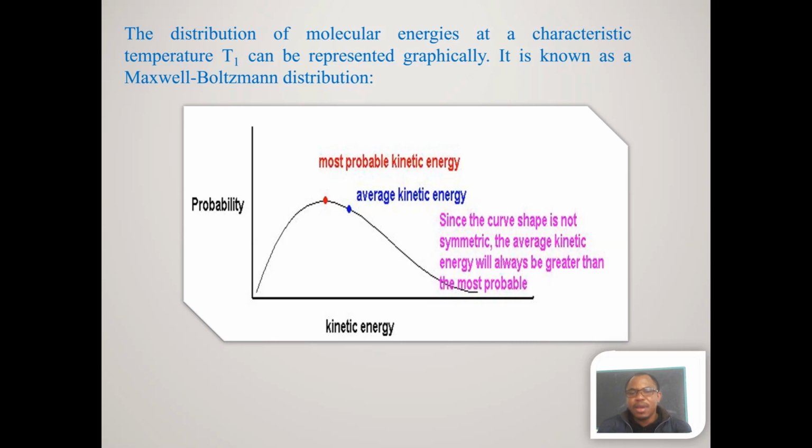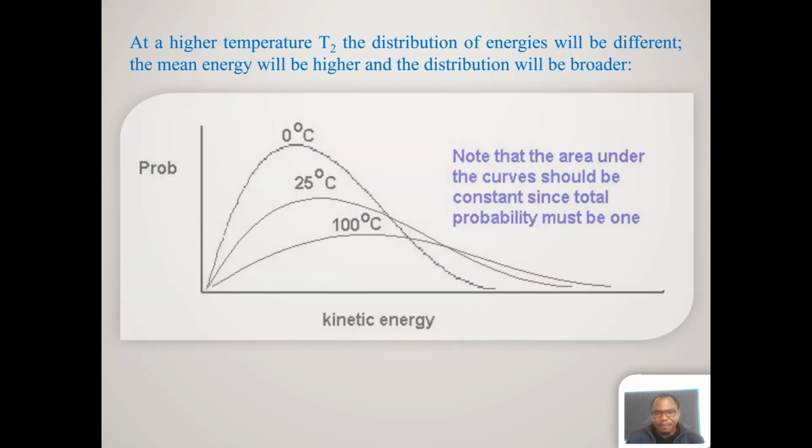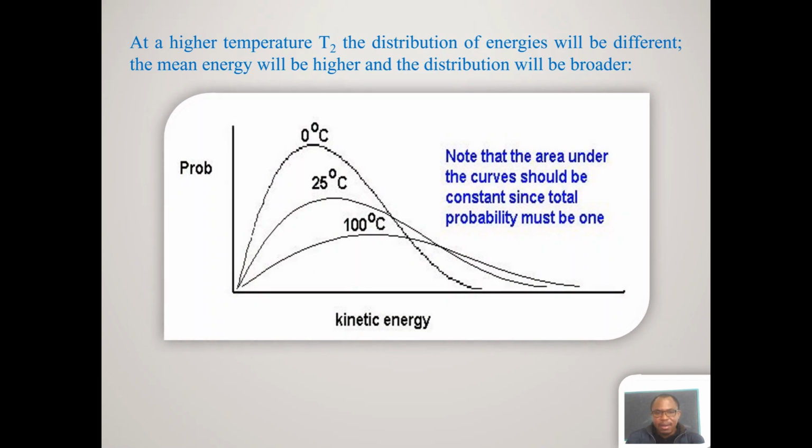Since the curve shape is not symmetric, the average kinetic energy will always be greater than the most probable. At higher temperature, the distribution of energy will be different. The mean energy will be higher and the distribution will be broader. You can see the graph. Note that the area under the curves should be constant since total probability must be 1.